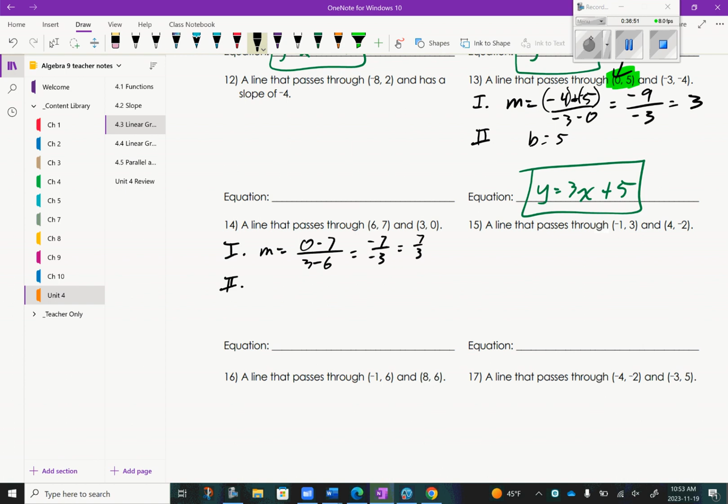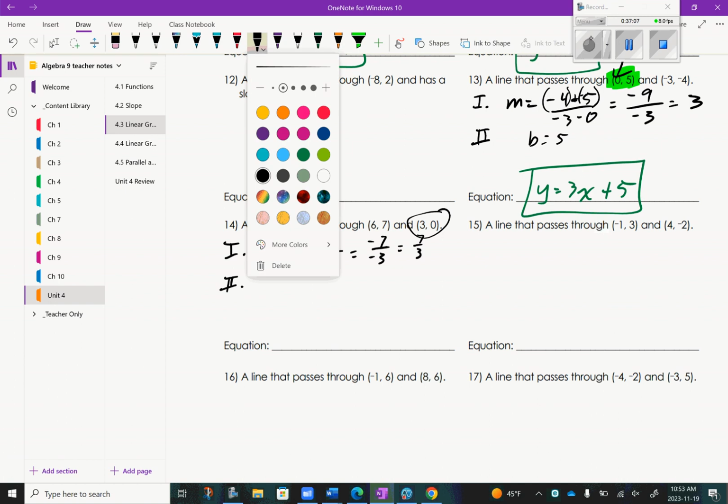And now step 2, we're going to substitute into y equals mx plus b. You can use either point. I would suggest this second one's going to be easier because we have a y coordinate of 0.